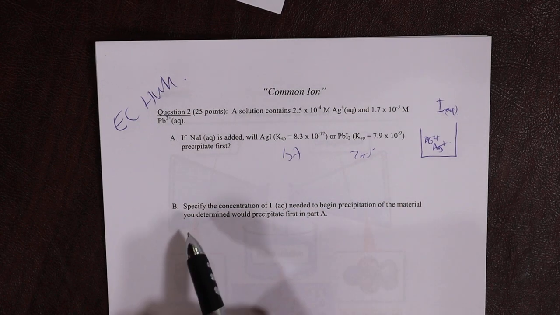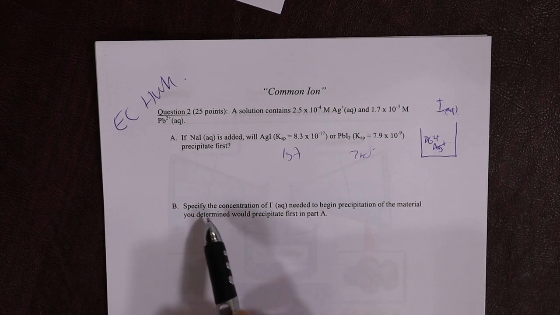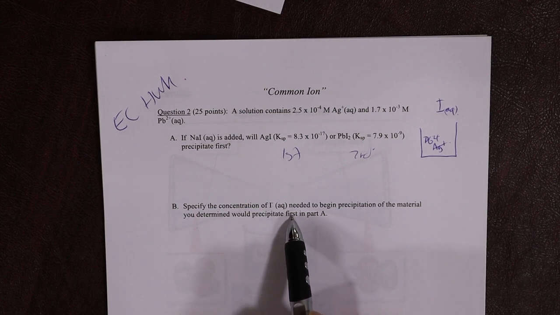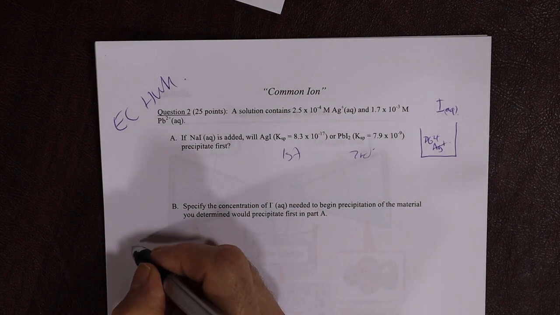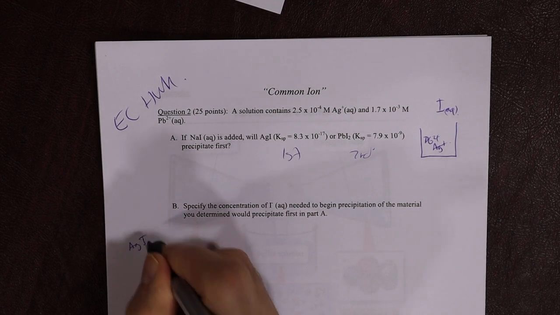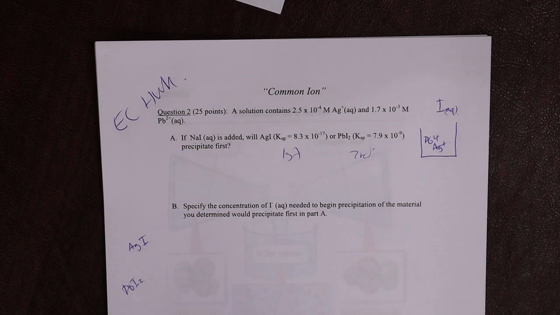That's easy. Now, to prove it, you've got to do the math. Work out the specific concentration of I- needed to begin precipitation. Do it for both. Do it for AgI, which is an easier problem, but really you should do it for PbI2 too.